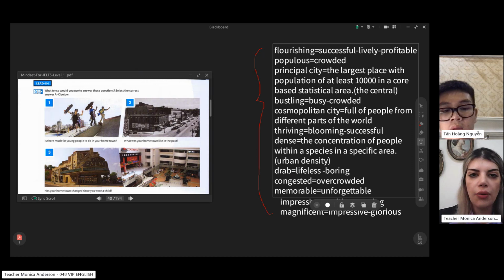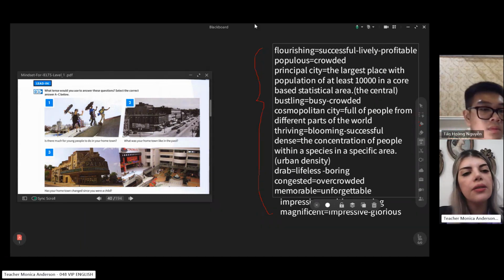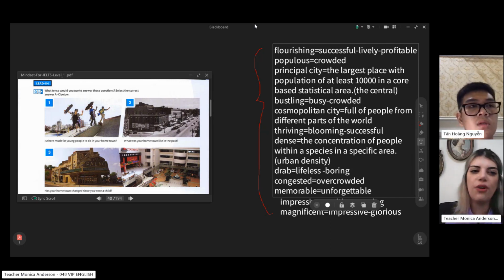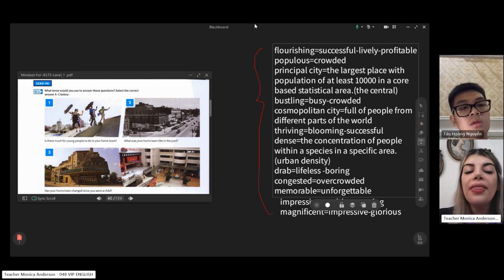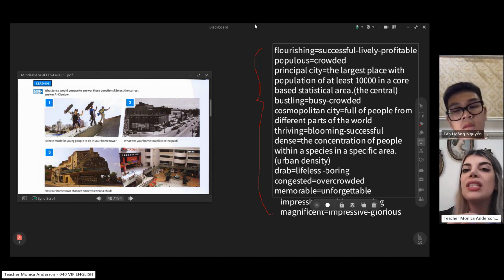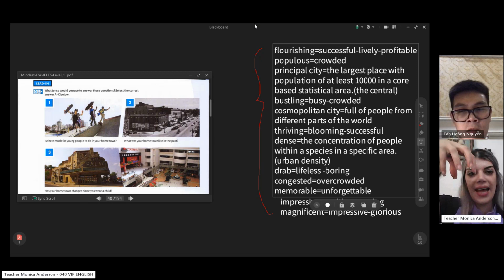Populous means crowded. Instead of crowded, we can say populous. It comes from popularity. And we have a principal city. What does it mean? The largest place with a population of at least 10,000 in a core-based statistical area.